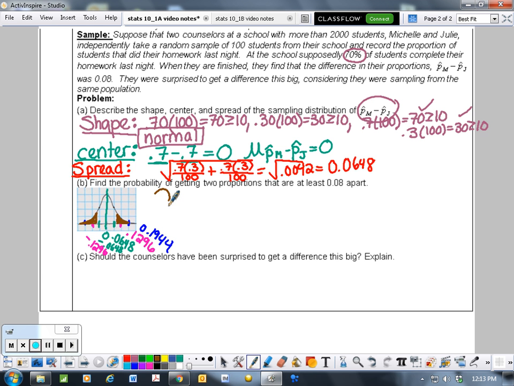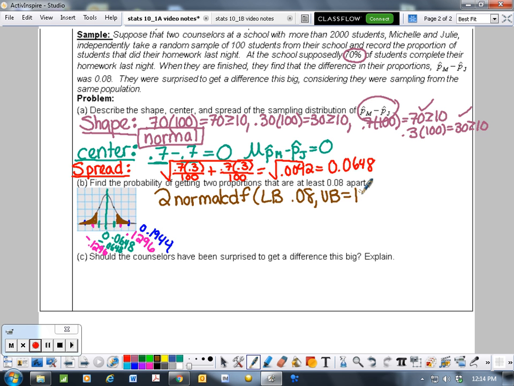So this is going to be a 2 normal CDF because it's a normal curve, right? Normal CDF, with a lower bound, and we can use either side. I prefer to use the positive numbers, so a lower bound of 0.08 and an upper bound of something just really, really high.